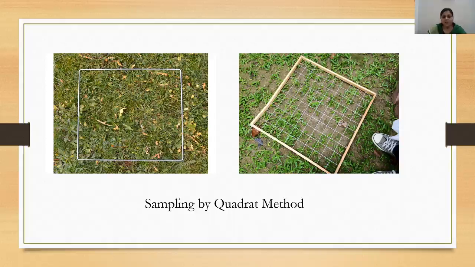In the pictures you can see a square marked in a sampling area, and that marked square is called the quadrat. It may be made up of ropes, sticks or any such material.